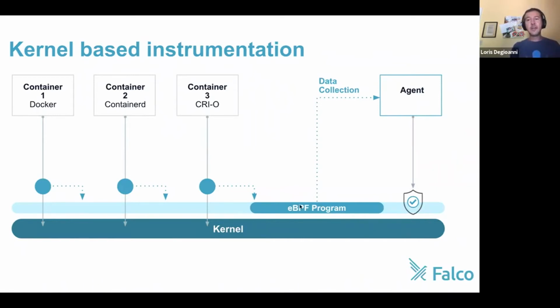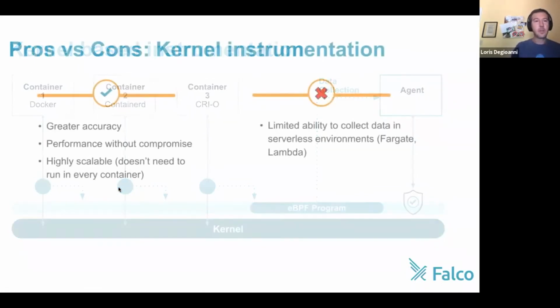By doing this, it's possible essentially to create a layer of instrumentation that now sits underneath the containers. So you don't need to live inside the containers, and that is able to, without any change, without any sidecar or installing anything in the container, collect the data that is required.